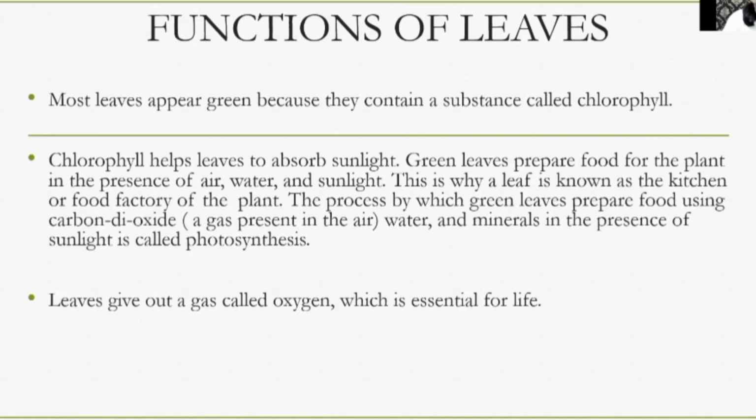They prepare their food in the presence of air, that is carbon dioxide, water and minerals, and sunlight is also needed. Leaves give out a gas called oxygen that is very important for human beings and animals, and they take in carbon dioxide to prepare their food.